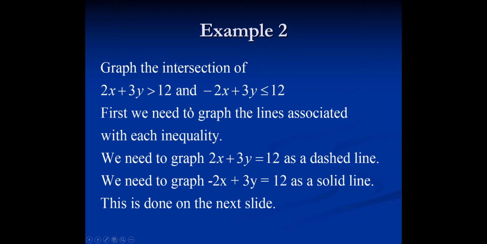When we graph this inequality, we have to graph the corresponding equation as a dashed line, because it's strictly greater than. When you graph this inequality, you have to graph the corresponding line as a solid line, because we're including the equal sign here, we're including the line.